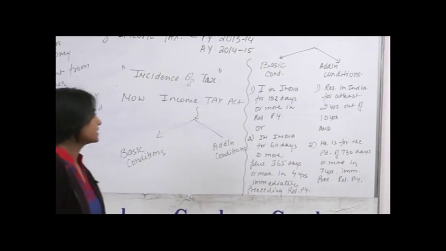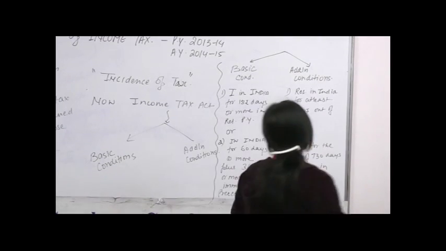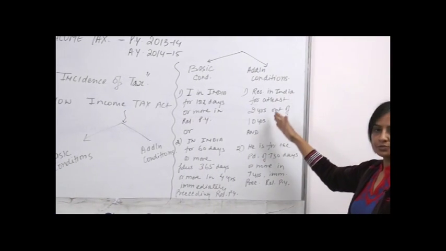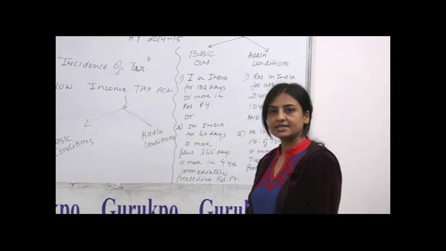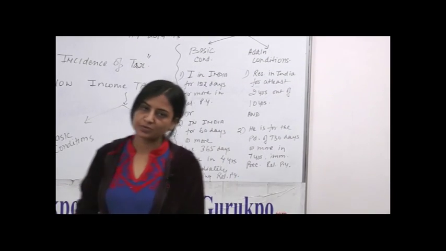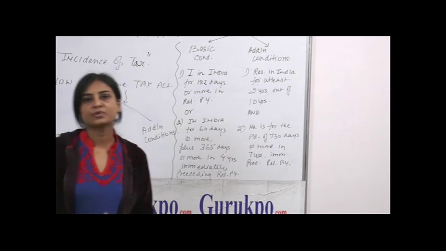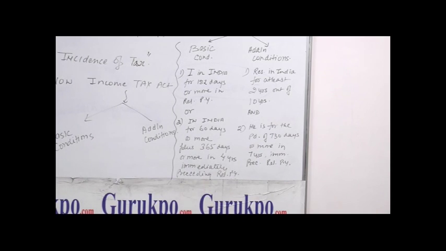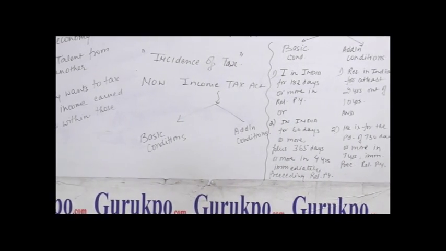Now what are the additional conditions? First, that individual should be resident in India for at least 2 years out of 10 years immediately preceding the relevant previous year, and he should be in India for a period of 730 days or more in 7 years immediately preceding the relevant previous year.